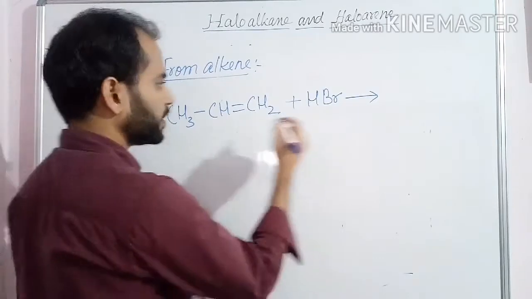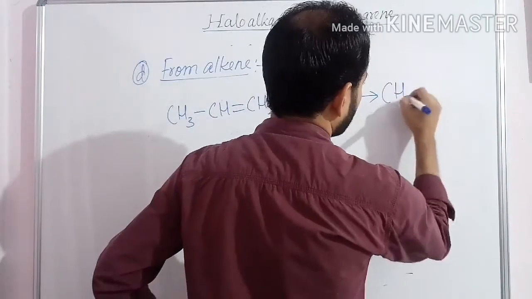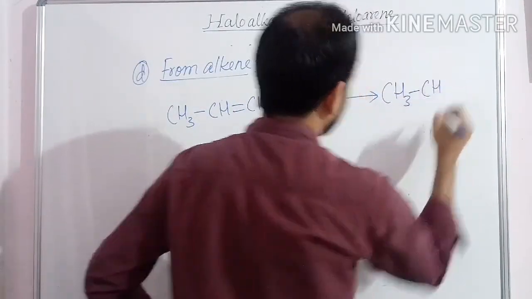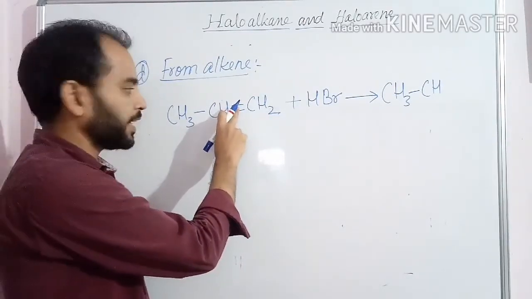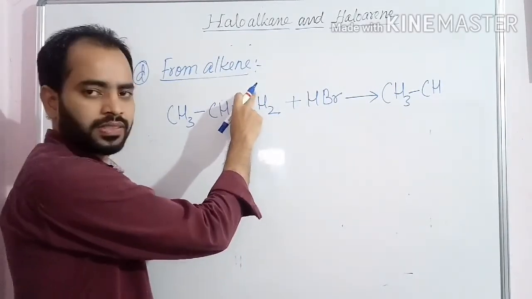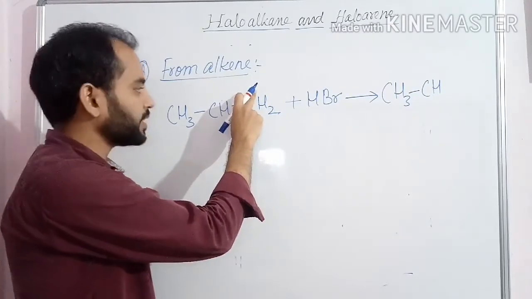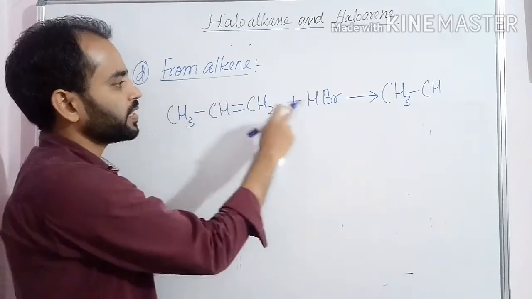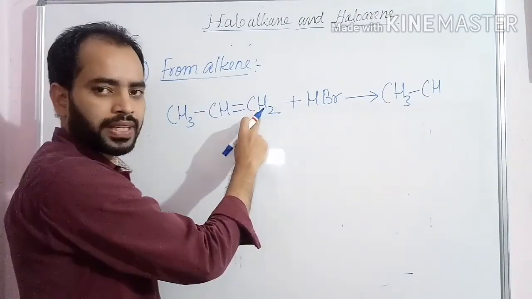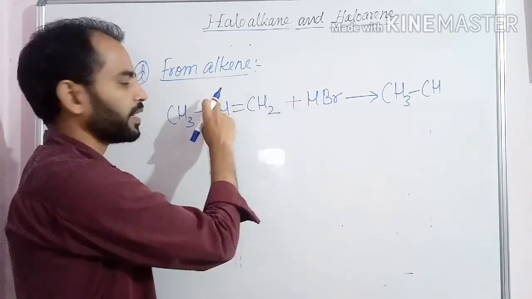How? You see, CH3CH. Now from this double bond, if this carbon acquires positive charge and this carbon acquires negative charge, obviously the Br negative part will attack here and the positive part will attack here.